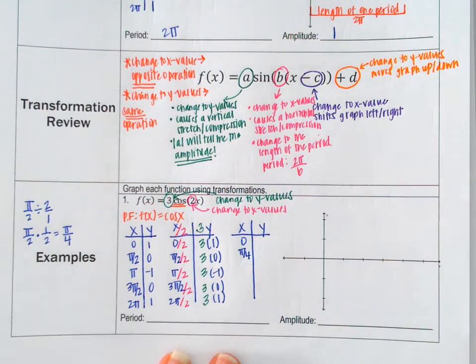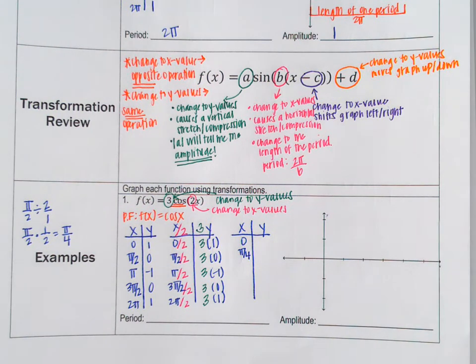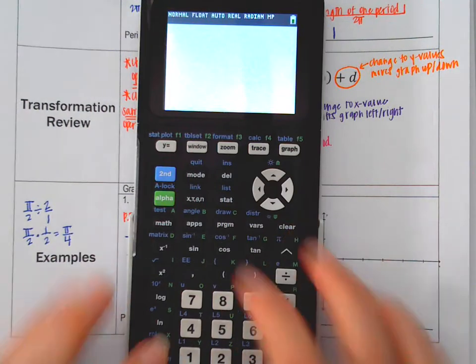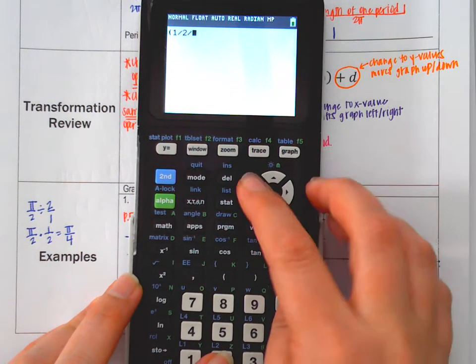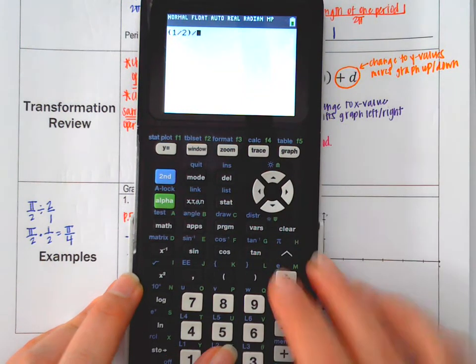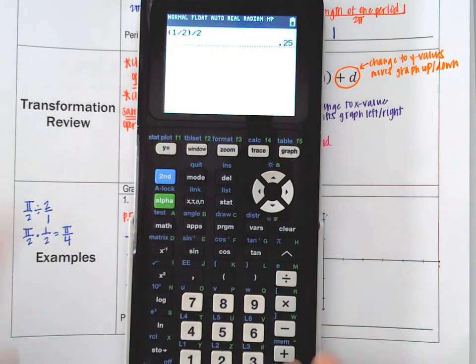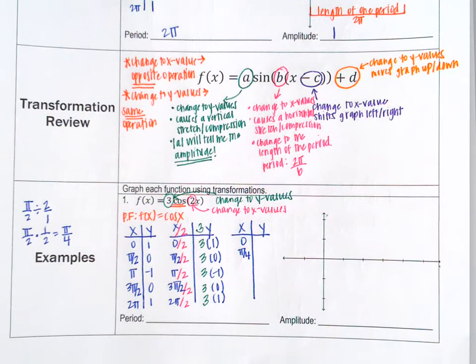You can also plug it into your calculator. Ignore the pi for now and just do 1/2 divided by 2, and we know 0.25 is 1/4. However you want to think about it, or we can just think about it in our heads.